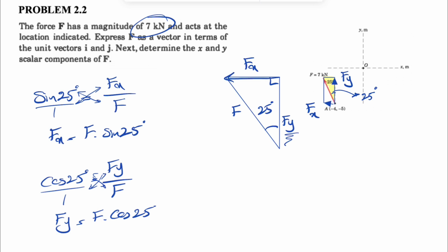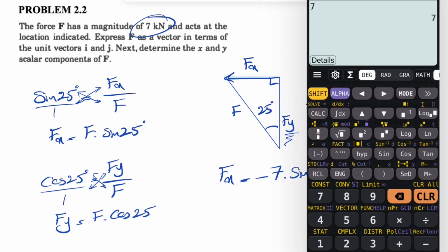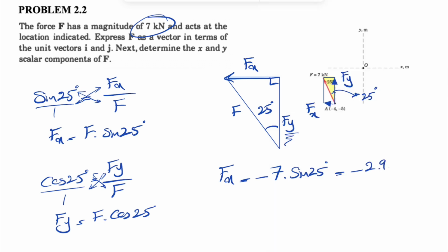But one thing that we need to consider in here is that our Fx is actually acting along the negative x-axis. So our Fx is actually negative F, which was 7 kilonewtons, times sine of 25. Let's calculate this. 7 sine of 25, that's going to be minus 2.96 kilonewtons.